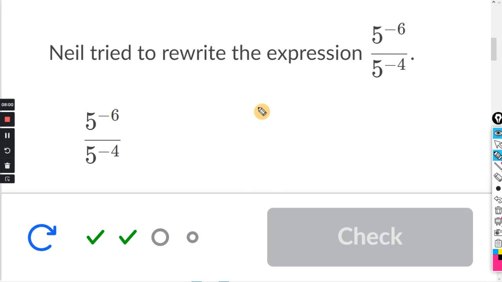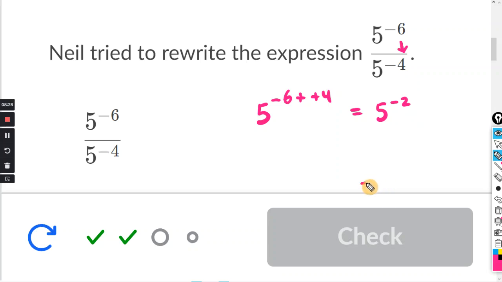So we know we can subtract exponents going down. So negative 6 minus negative 4 is going to be the new exponent. Okay, and the two negatives in a row make it positive. So we keep the 5, and negative 6 plus 4 is negative 2.